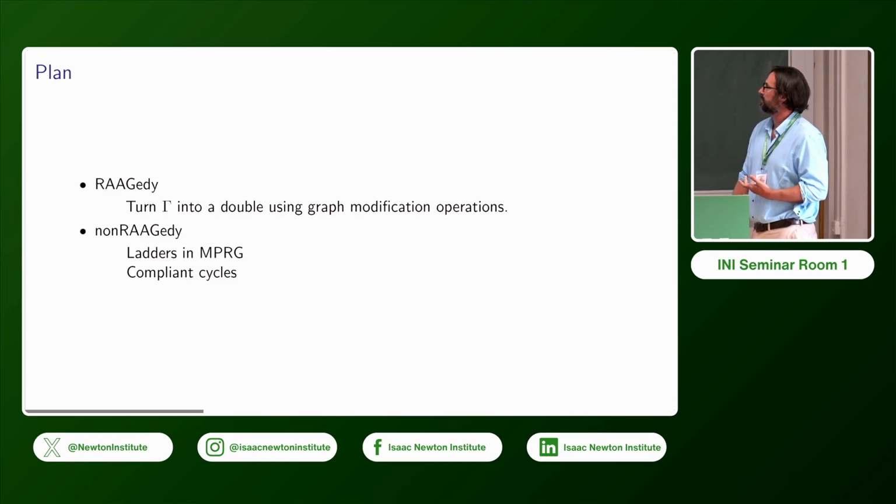And there the strategy is going to be to try to modify the presentation graph until it's a graph double, and then apply the inverse of Davis and Januszkiewicz's theorem. And then in the other direction, I'm going to give you two ways to rule out being quasi-isometric to a RAG. So obstructions that mean that you're not raggedy. One is building ladders in the maximal product region graph, and one is finding compliance cycles.